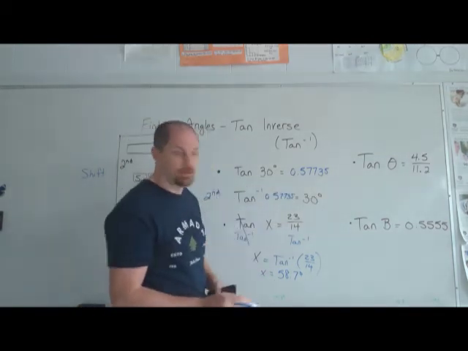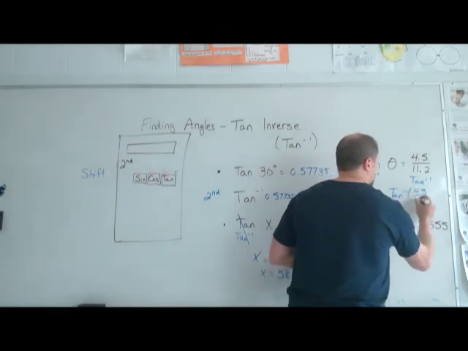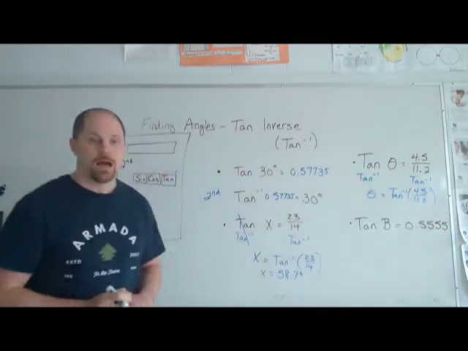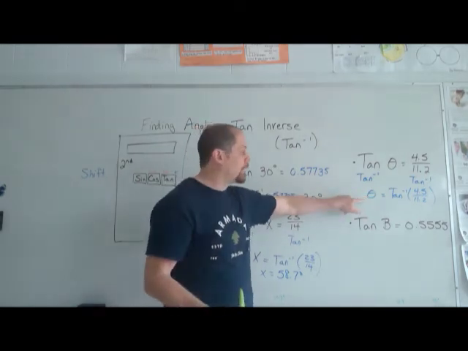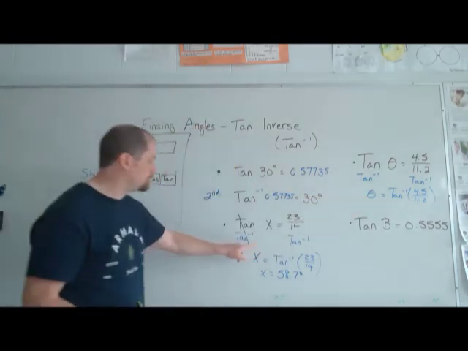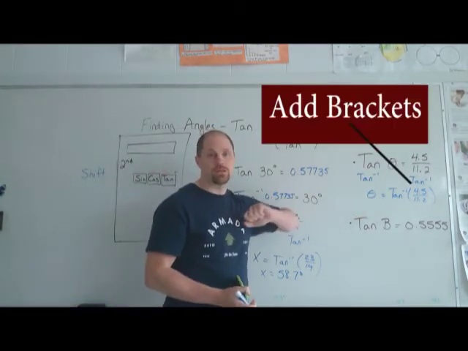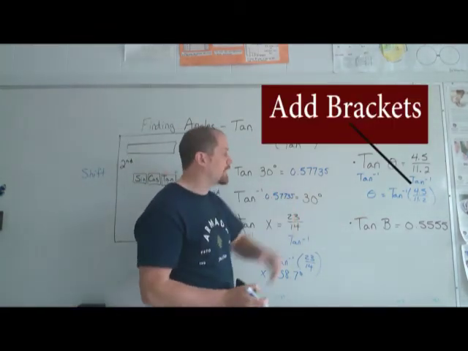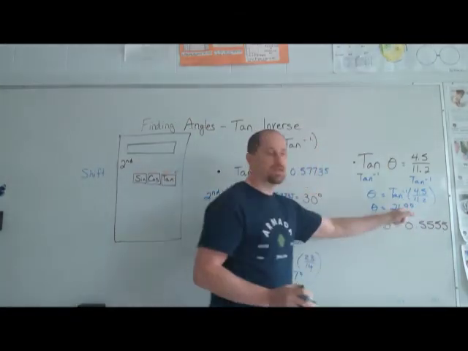This one, same thing. We're going to cancel the tan by doing tan inverse. Like that. You'll notice here we're using the Greek letter theta. Depending on the textbook, North American textbooks tend to use X. You might find more European textbooks will use the Greek letters. So in this case, if I plug this in, don't forget the units.